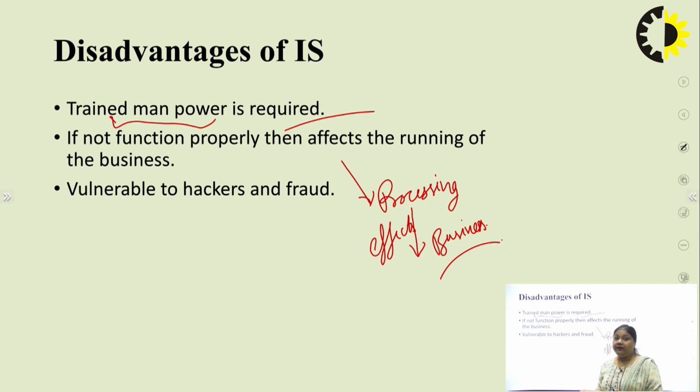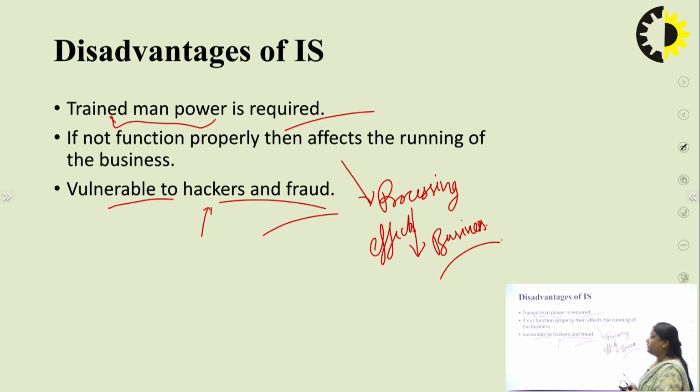Information system is always vulnerable to hackers and frauds. If we do not have some policies or antivirus or firewalls in our system, then our system is always prone to hackers. Hackers can hack our data, hack the organization data, and commit frauds against the organization.